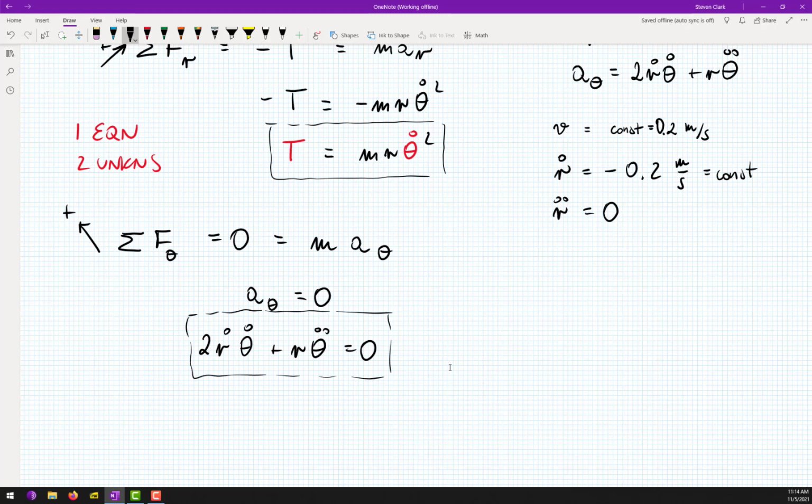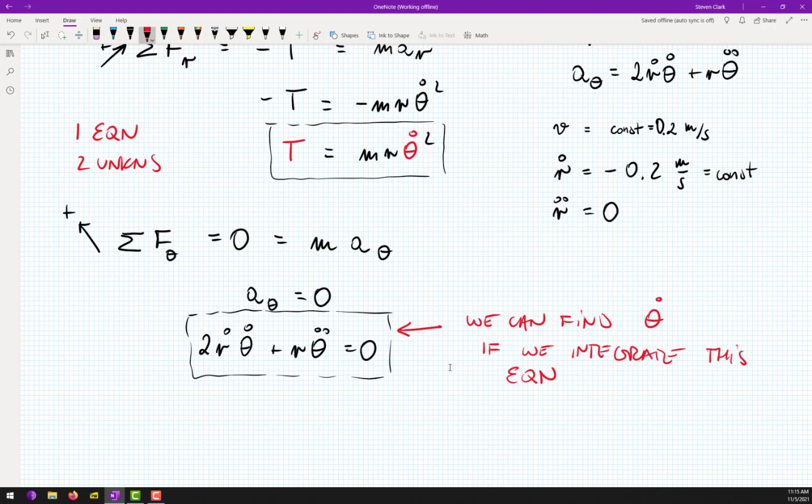So if we can actually find theta dot, if we integrate this equation. But we're not going to do it. We could do it and we could solve it.